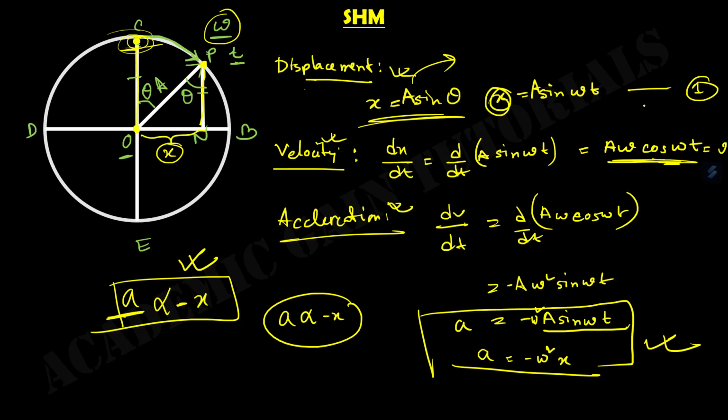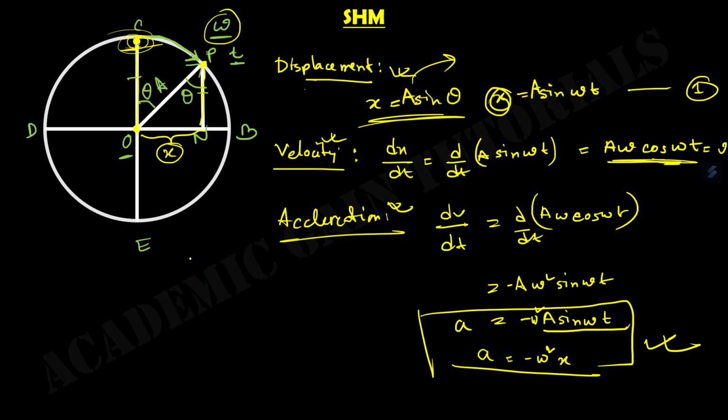One more thing I should add: we know our displacement is x equals a sine omega t. If there is some phase difference, which we represent as del, then we add this del to our omega t.